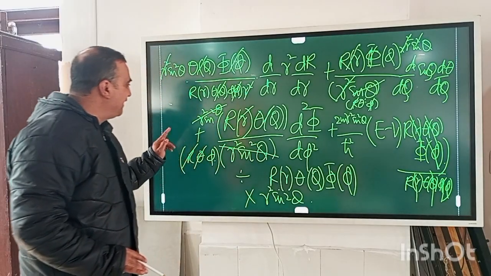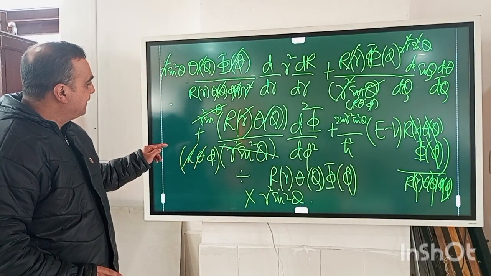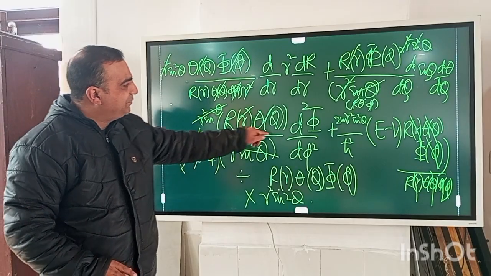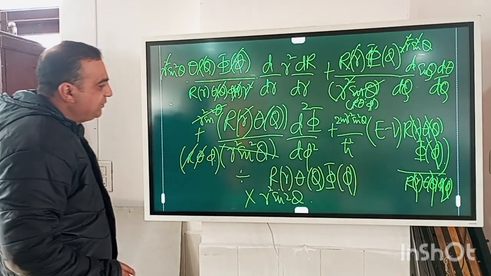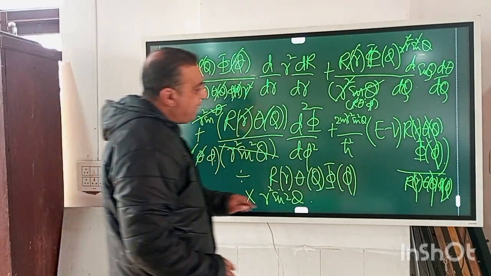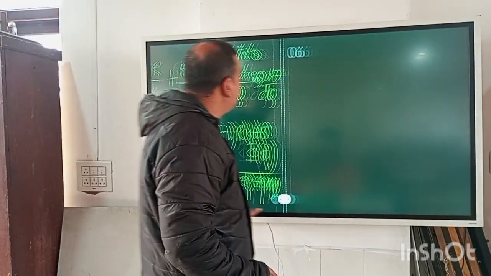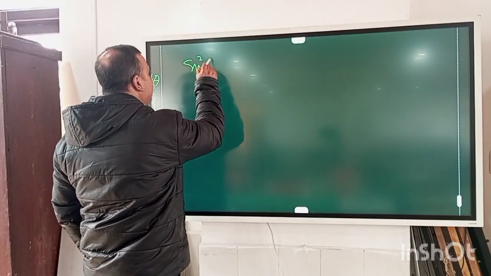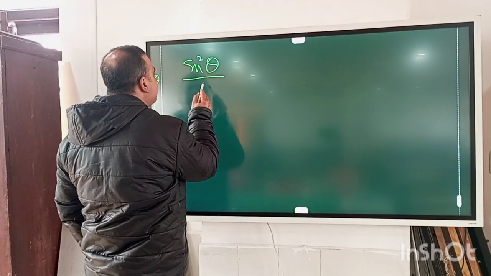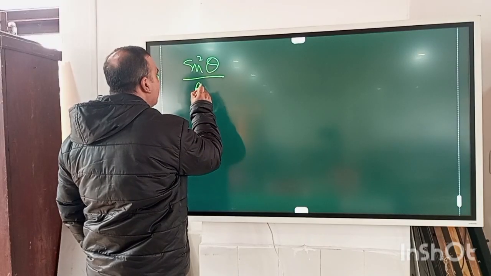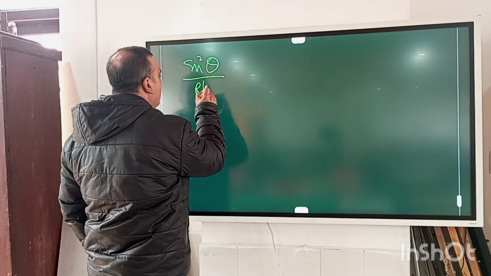And here we'll be left with 1 by Φ, d²Φ/dφ². And then the rest of the things will come there. So let me write that down. Where we have reached till now is we have sine squared theta here divided by R of r.